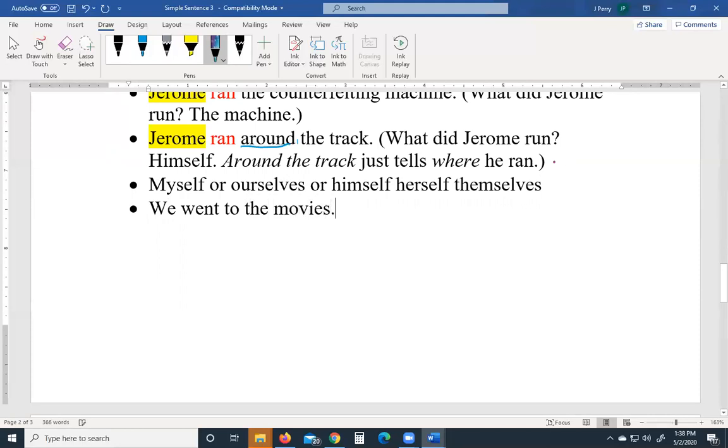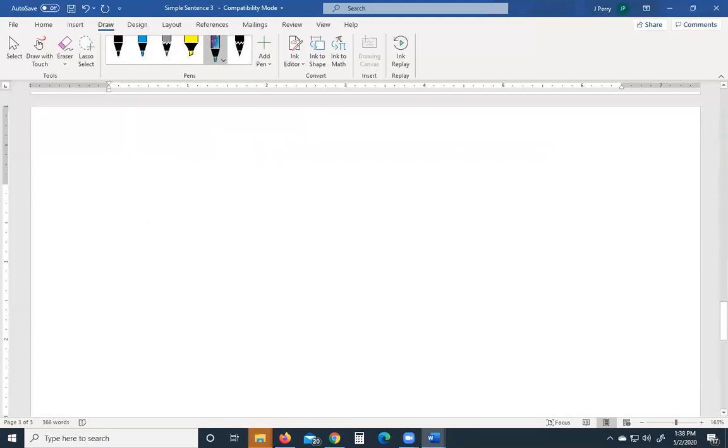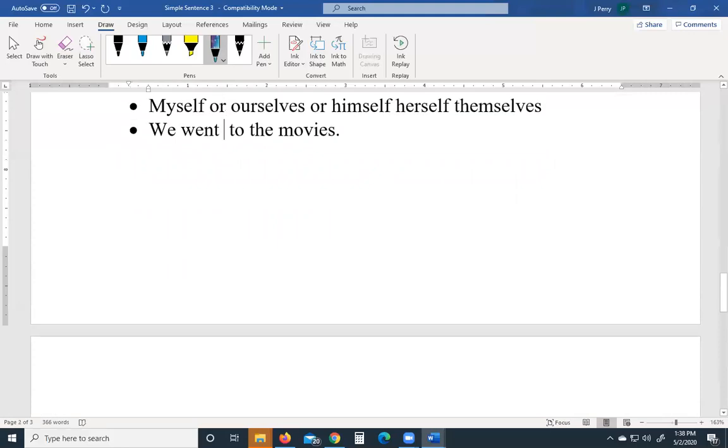We went what? No, that doesn't work. We went whom? See, went is definitely an intransitive verb because there's no way for me to even ask that question. There's no way to find that answer because we wouldn't say we went ourselves to the movies. To is one of those transitive verbs that screws everything up, in my opinion.